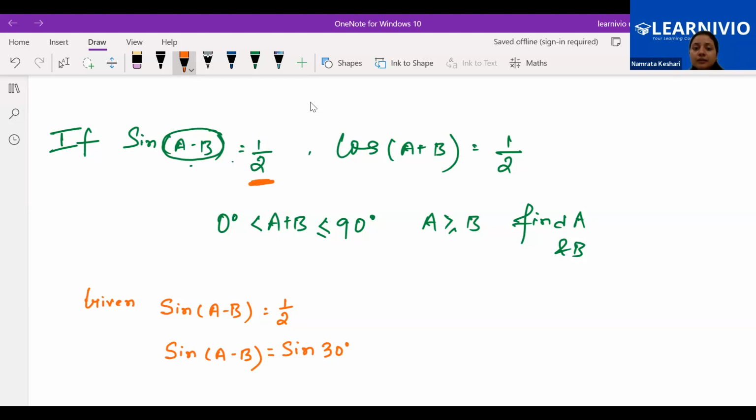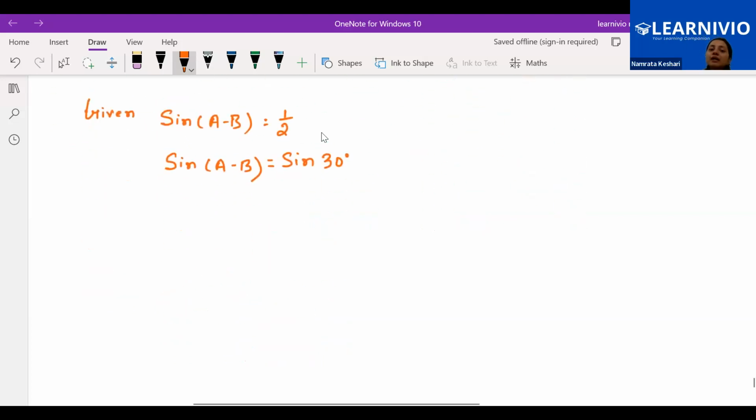Getting it? A minus B will be 30 degree now. We are comparing angles on both sides. See, we are not doing the cancellation.